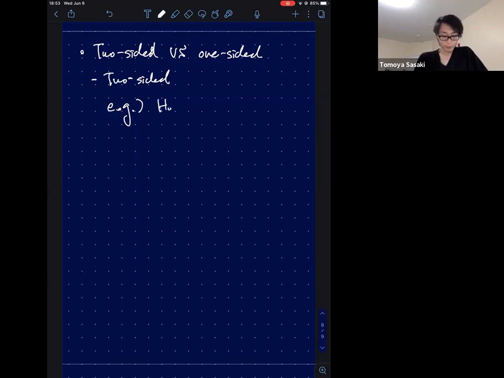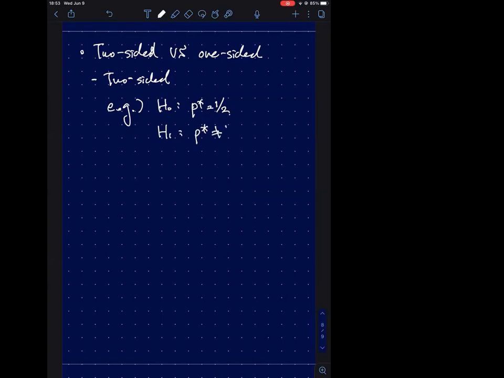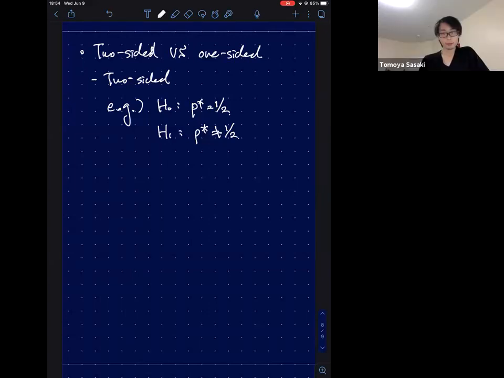When we say we have H naught: P star equals 1/2 from the previous example, the two-sided alternative is P star is not equal to 1/2. This is a typical example of a two-sided test.